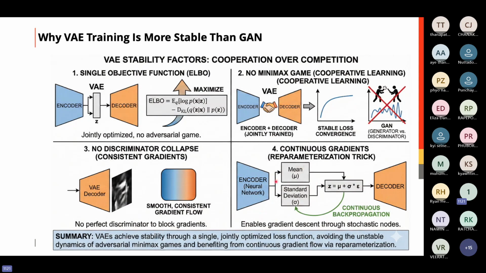Usually when you have a sampling nonlinearity like that, it is very difficult to learn the parameters because there is chance involved, and you don't know what the chances are. But with the combination here, you can just ignore the randomness and learn the parameters. By learning the parameters through the combination here, you backpropagate to the mean and standard deviation and the encoder network. So these are the reasons why VAEs are more stable.